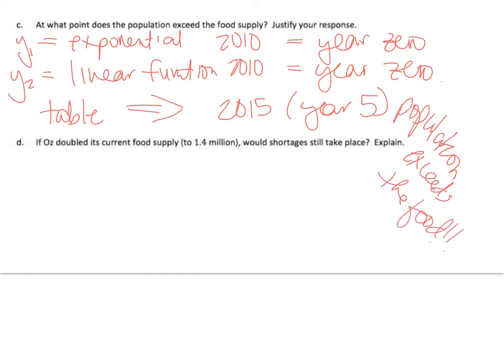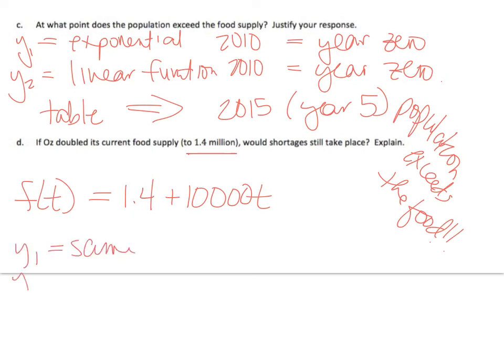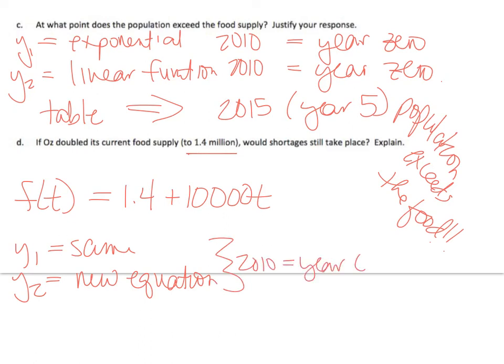If Oz doubled its current food supply to 1.4 million, would the shortages still take place? Yes, so it doubled its current to 1.4, so that means our linear equation would be 1.4 million plus 10,000 t. Put it back into the table. Y1 is staying the same. Change our Y2 to the new equation. We're starting in 2010, which is year 0.